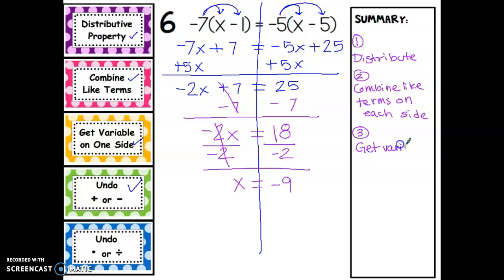Now you start moving things. Get variable on one side of the equal sign. And then last step, solve for the variable. And that is just following your two-step equations. Undo your addition, subtraction, and then undo your multiplication and division.